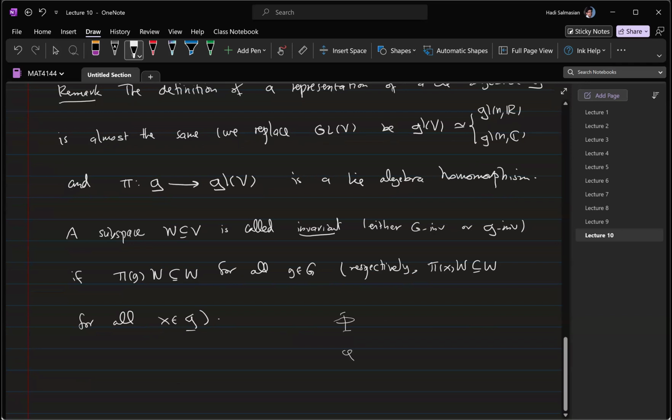Here I'm abusing my notation. I'm using pi for the same thing. Strictly speaking, I should have used capital pi for the group ones and lowercase pi for the Lie algebra ones. But nobody really does that. Some people use pi for the Lie group representations and d pi for the Lie algebra, but then things become kind of messy if you want to use a lot of d pi's. So some people just say we abuse the notation. Okay.